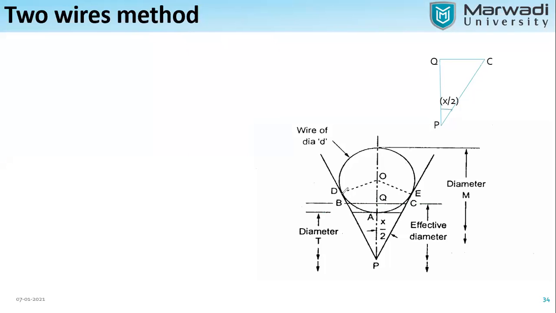And remember, this pitch circle line means our effective diameter line will be here, as our wire is intersecting the pitch circle line. So our BQ point will be right at the point D. How can we find this distance AQ?